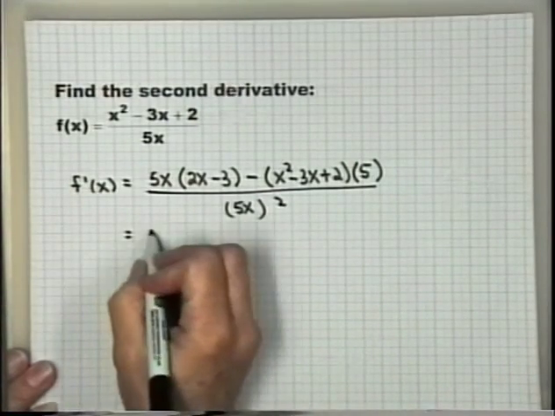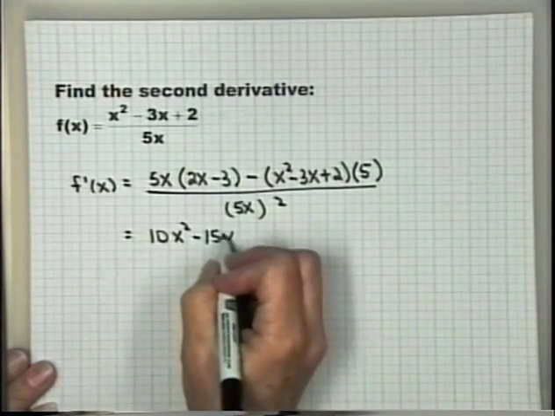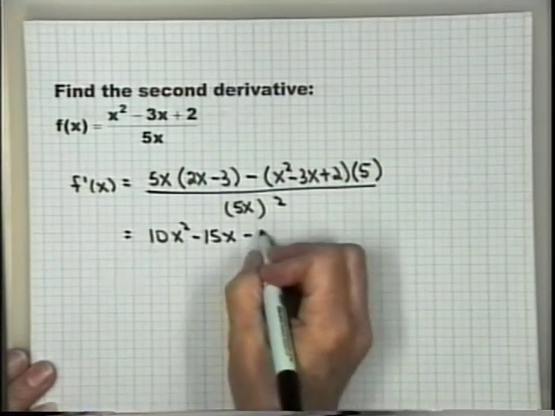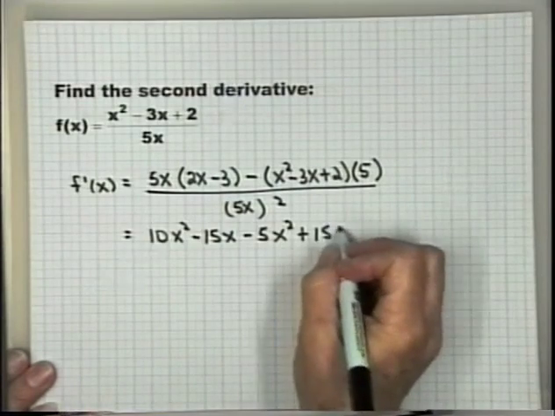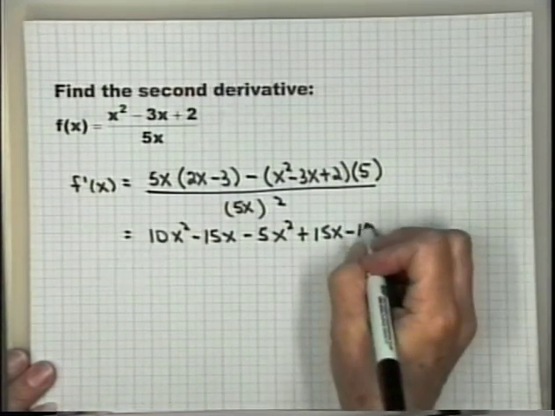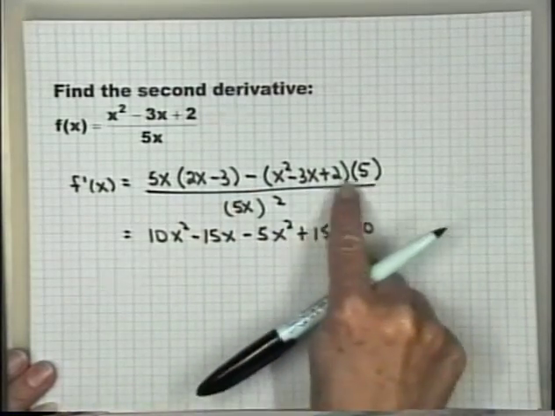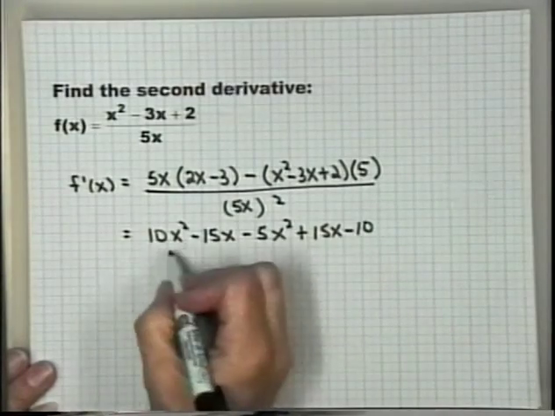Let's simplify. I have 10x squared minus 15x, and negative 5 distributed here will be a minus 5x squared plus 15x minus 10. Did you follow that? 5x squared negative. Negative 15x with a negative is a plus, and 10 with a negative is a minus 10.